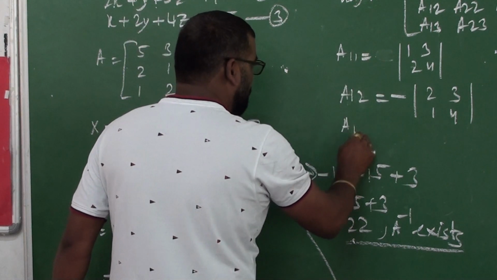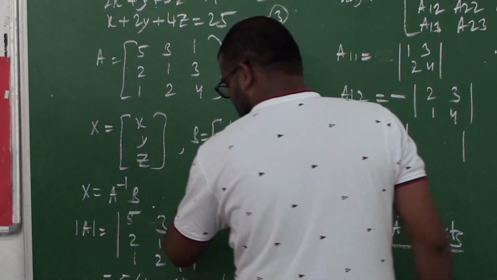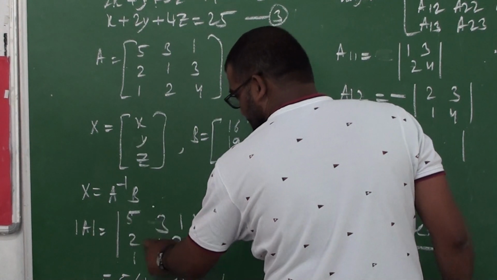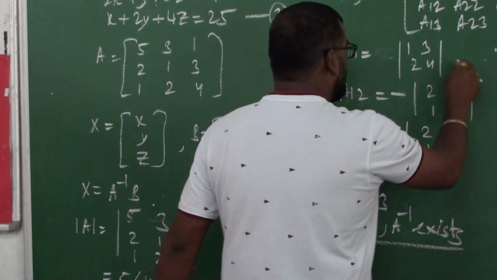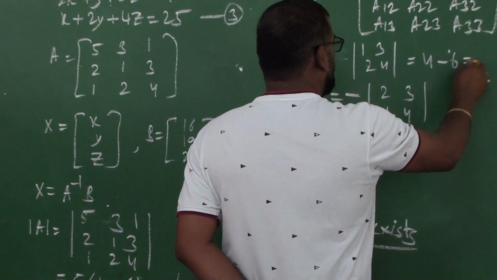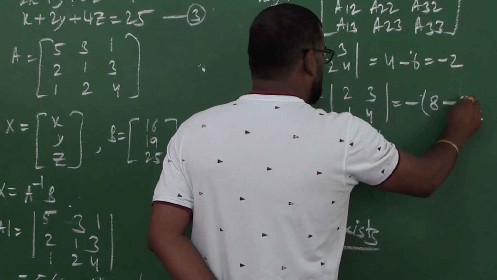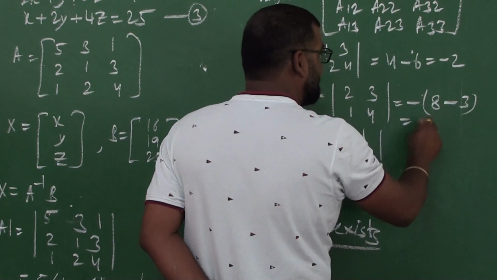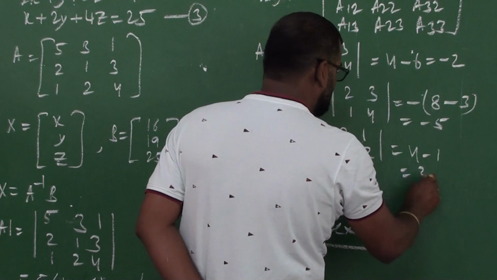In the same way, the first row and the third column, leave this, you are left with 2, 1, 1 and 2. So you'll get, solving this, 4 minus 6, that is equal to minus 2. This becomes minus 8 minus 3, that is equal to minus 5. This becomes 4 minus 1, that is equal to 3.